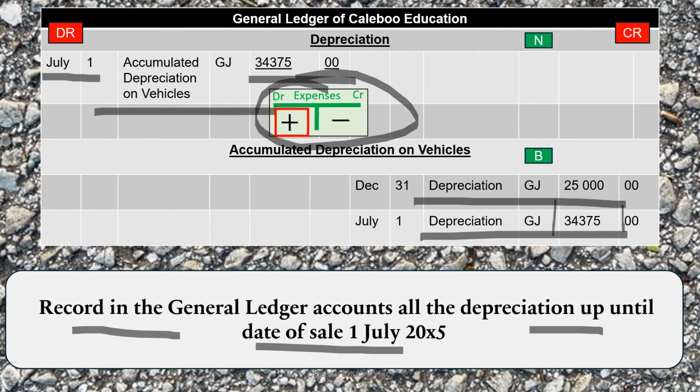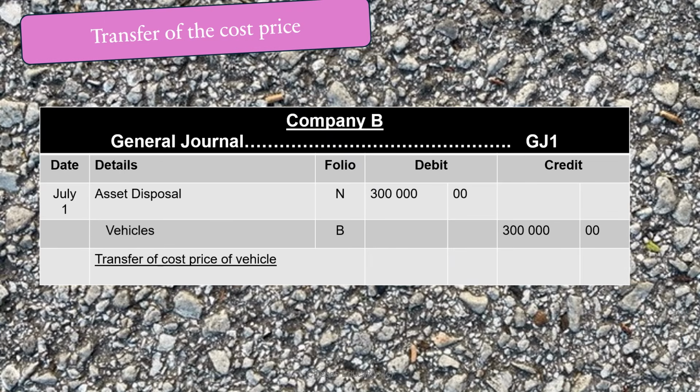You know that now. Increase in expense, debit. Now we need to transfer the cost price. And how to transfer the cost price? We will go and credit vehicles, because vehicles looked something like this. That's V for vehicles. 300,000.